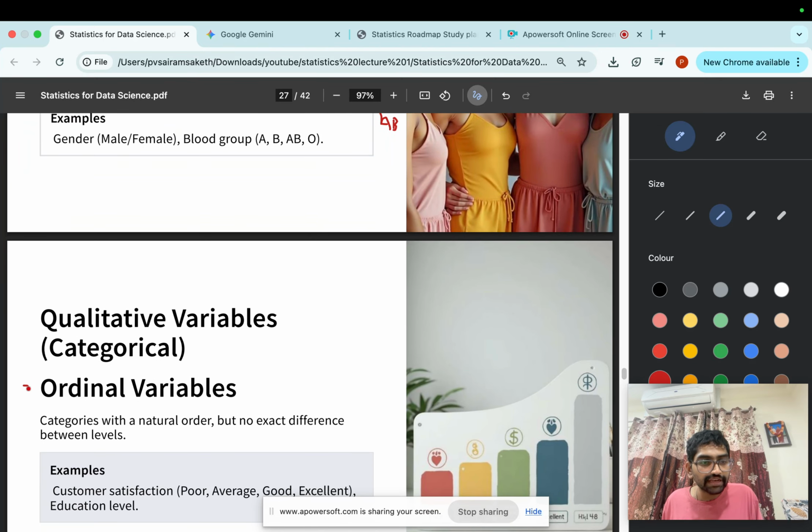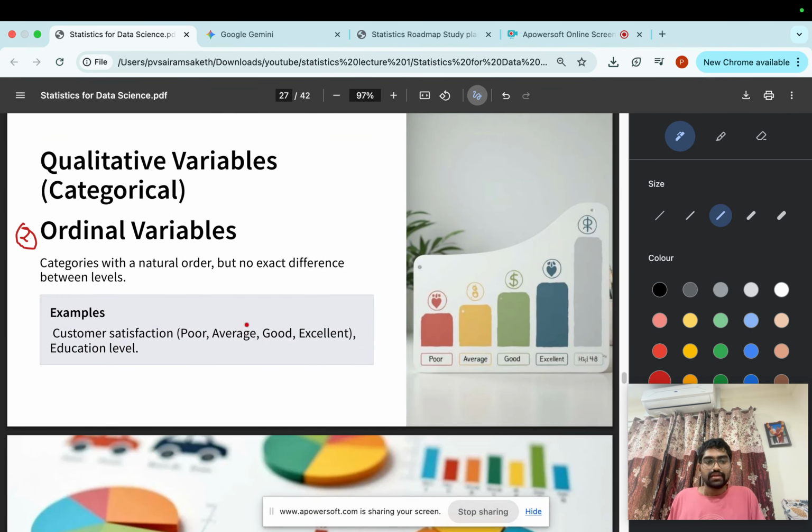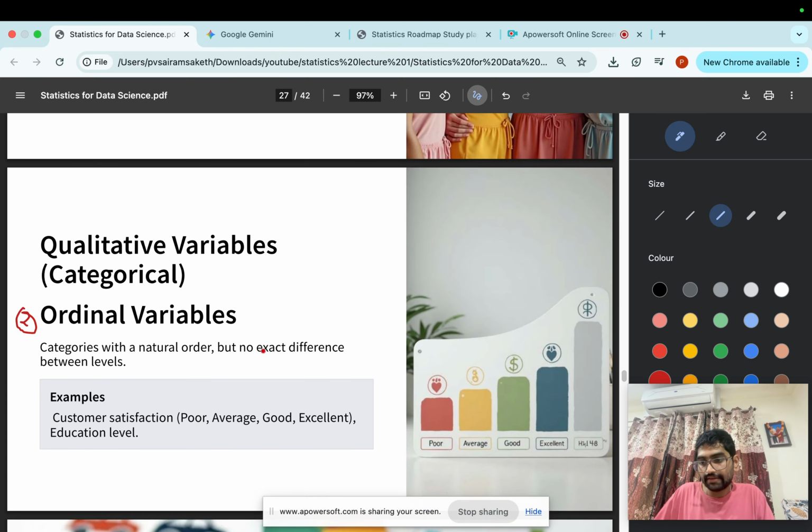Second is ordinal variable. Ordinal variable means it always comes in order. Now let's say I purchased a product, and the customer will rate it, and based upon that we write a remark.